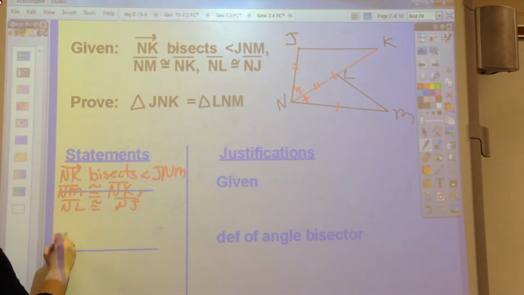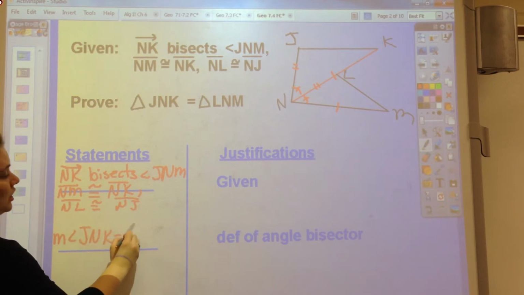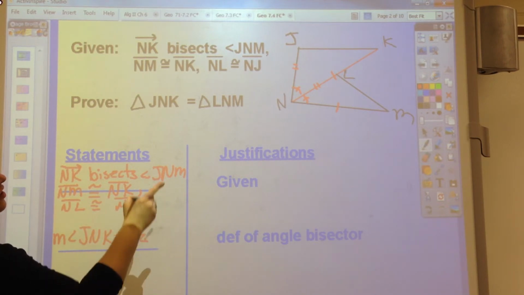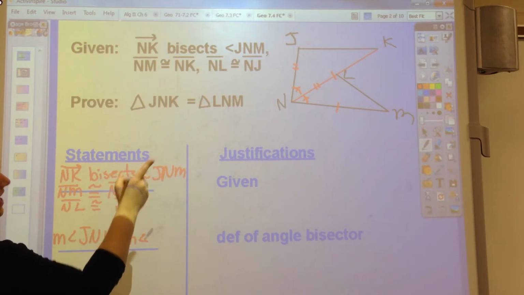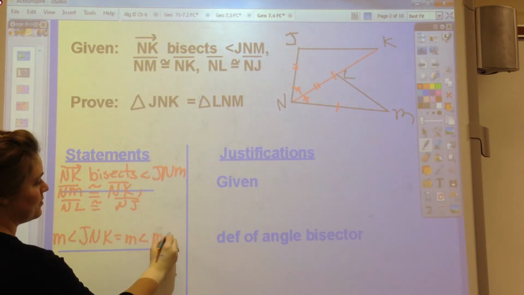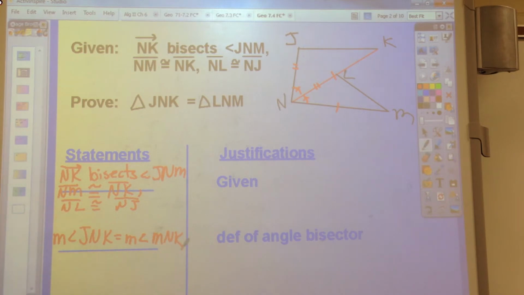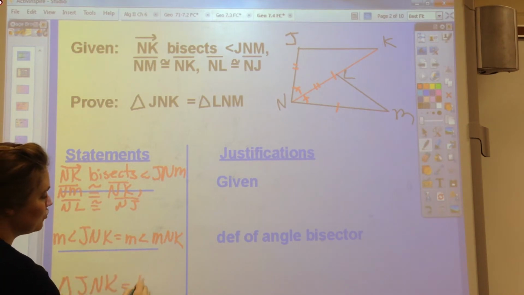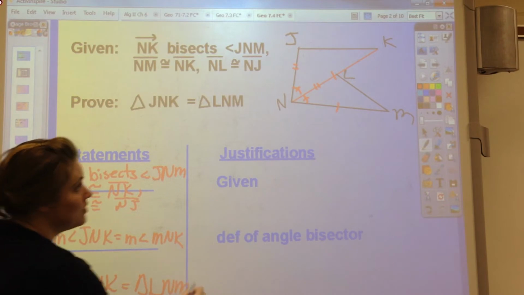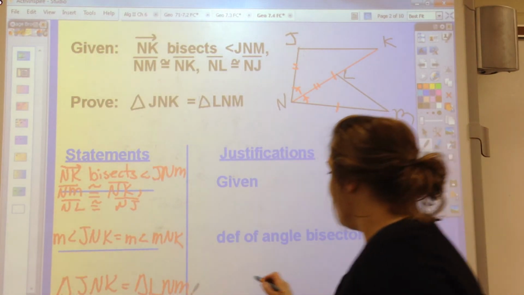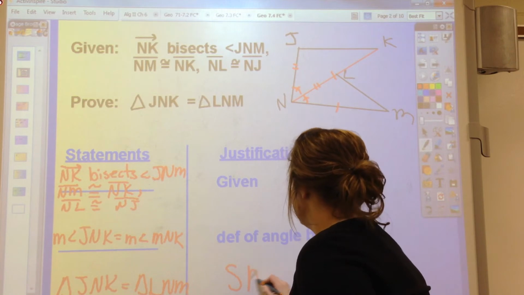So I'm going to say the measure of angle JNK equals the measure of angle MNK. And I could say my two triangles are congruent. That's all that I need to do. Because now I can say triangle JNK is congruent to triangle LNM because of what theorem? Hopefully you're thinking side angle side theorem.